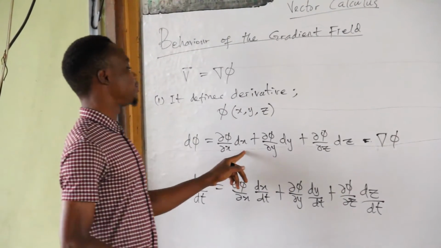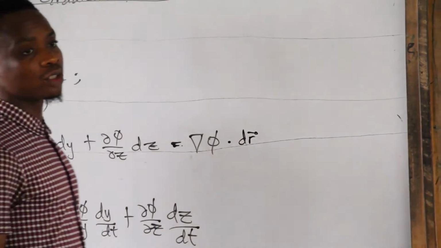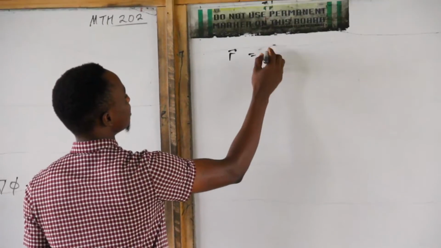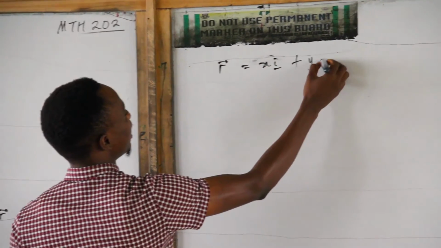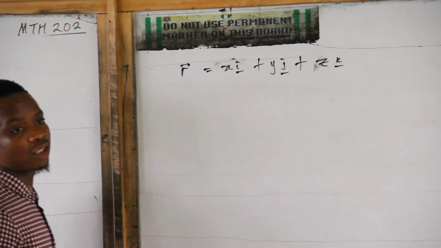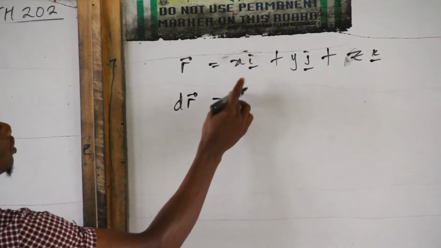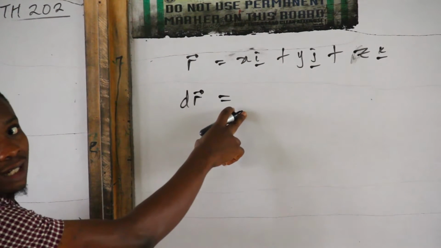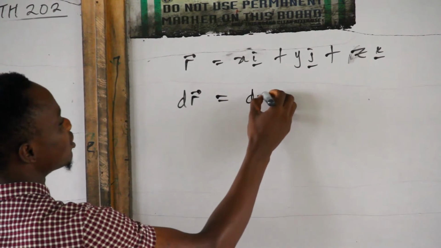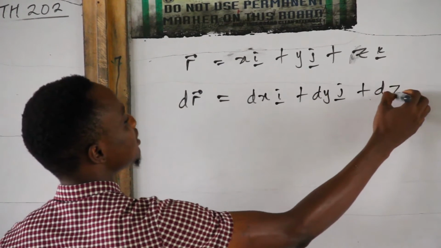When I take its dot product with dr, where r is our position vector, you can remember r equals xi plus yj plus zk. That's the position vector. So I want to take the differential of this. That will be dr equals del x del x, that's 1, multiplied by dx. So dr is just going to be dx i plus dy j plus dz k.